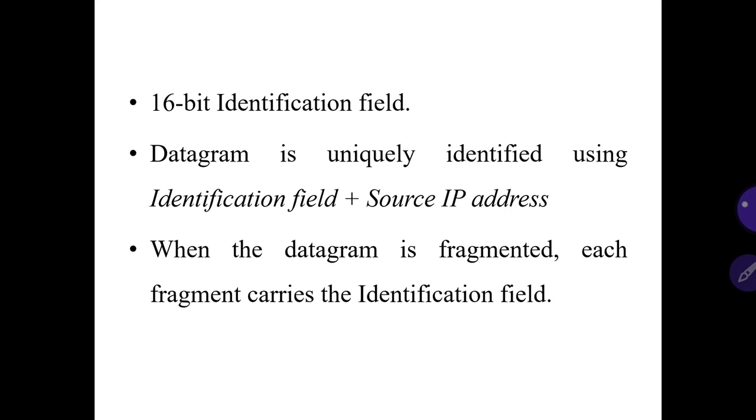A datagram is uniquely identified using the identification field plus the source IP address. The source IP address tells where it came from, which system and which host is responsible, and the identification field tells you which piece of the datagram it is.